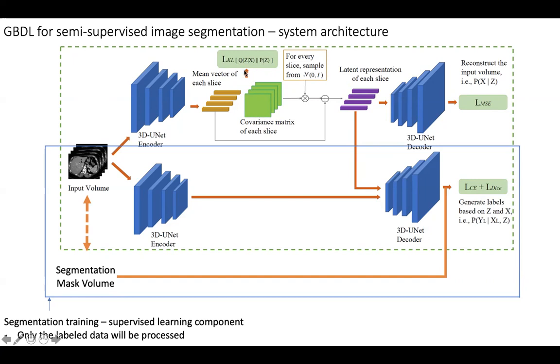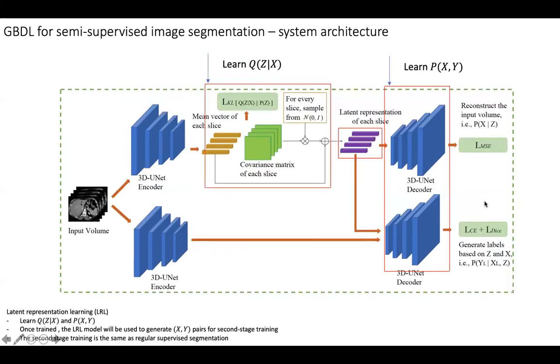So the final loss is the weighted sum of these four losses. For this whole system, this component helps us learn the posterior distribution of z using the reparameterization technique, and this part helps us learn the joint distribution of p(x) and y.